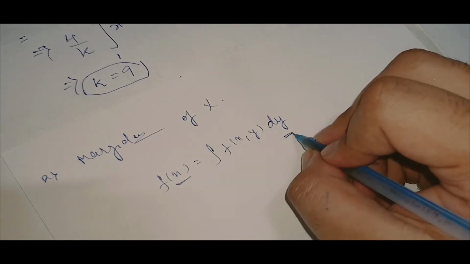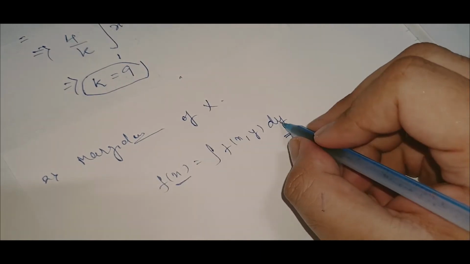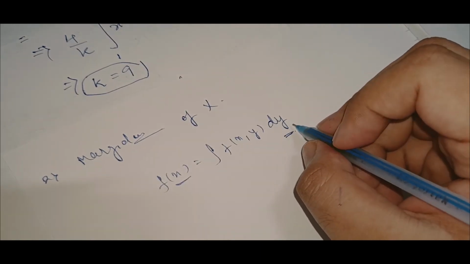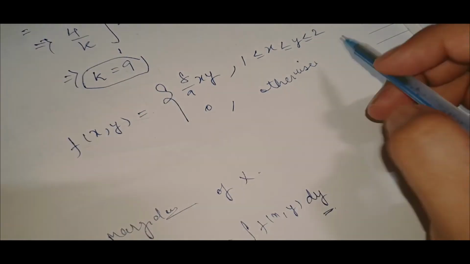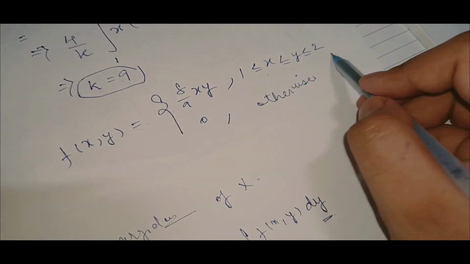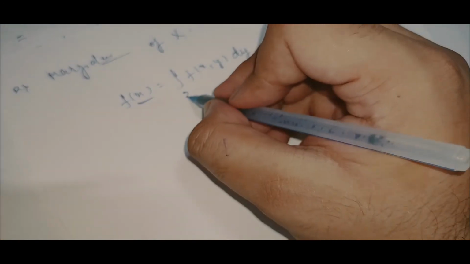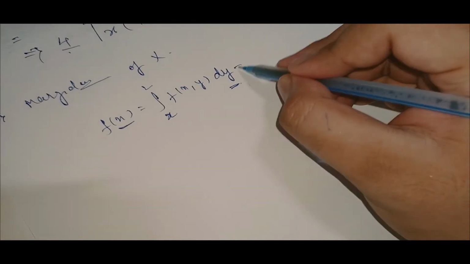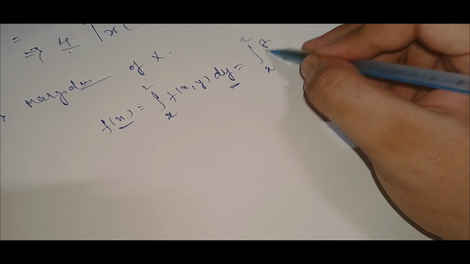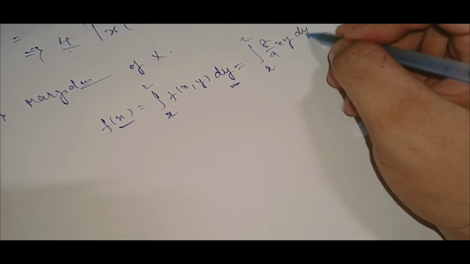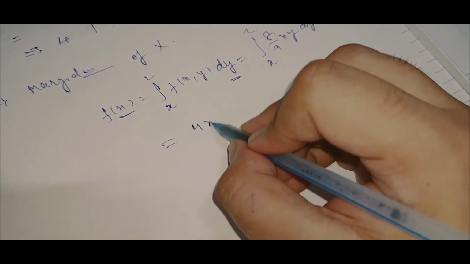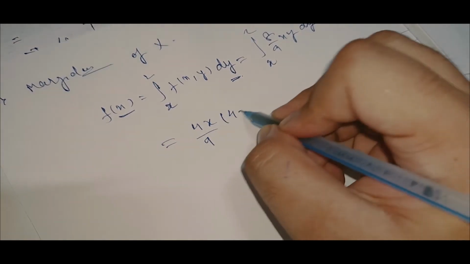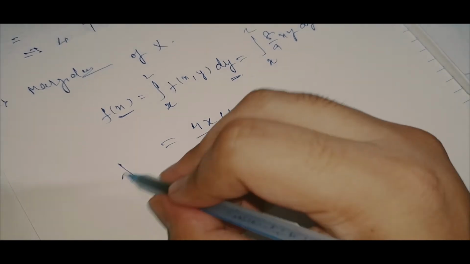For x it is y, for y it is x. So what is the limit of y? We saw that the limit of y would be from x to 2. So from x to 2, 8 by 9 xy dy, that would be 4x by 9 into (4 minus x square). This would be the marginal function for f of x.